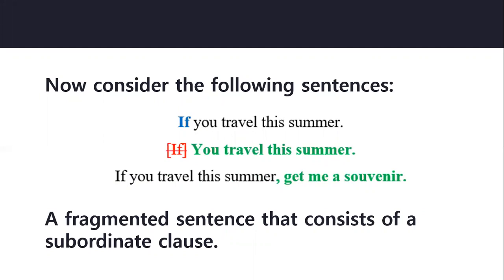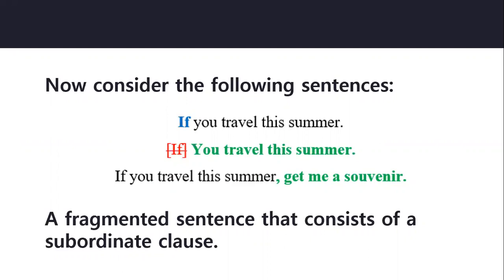Now consider the following sentences. If you travel this summer. If you travel this summer, get me a souvenir. Notice that here too, the first sentence does not make much sense and cannot stand alone since it lacks information. When you say, "if you travel this summer," you are still waiting for the completion of the sentence.